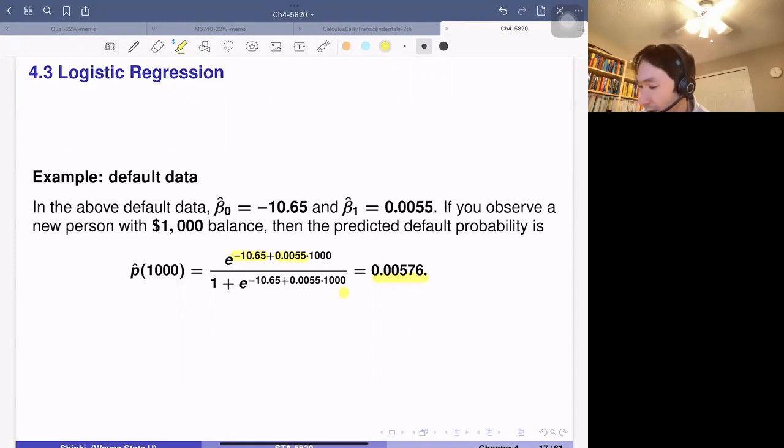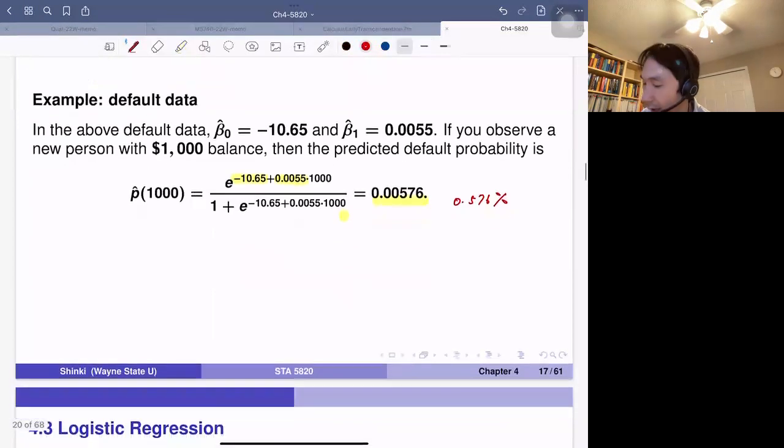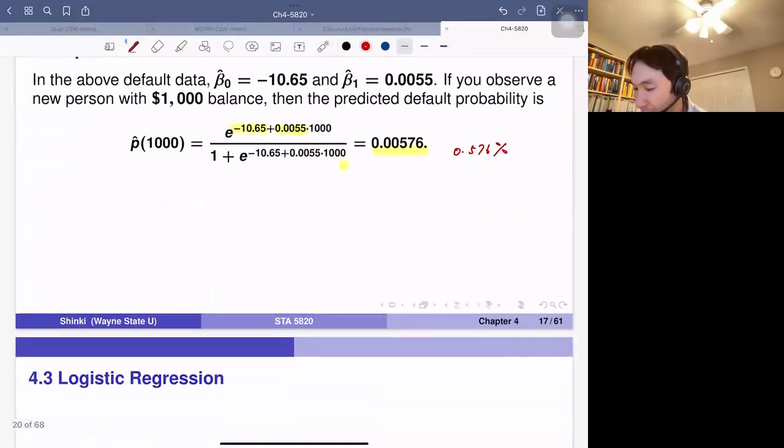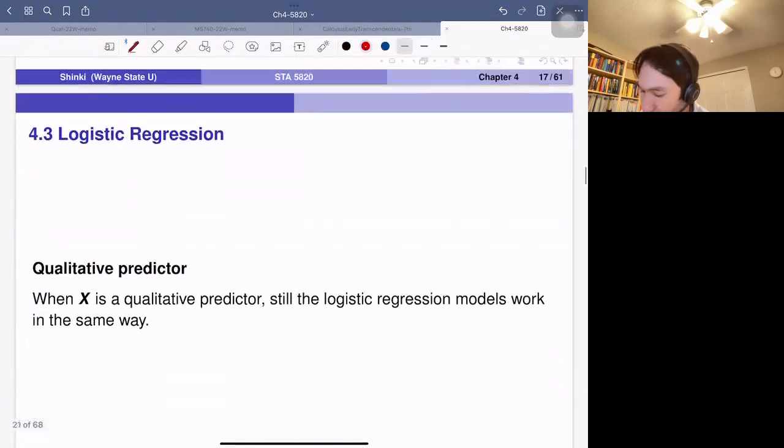So if we only know the debt balance of that person, the default probability is 0.57%. That's not very high, not very risky to lend money to him or her.